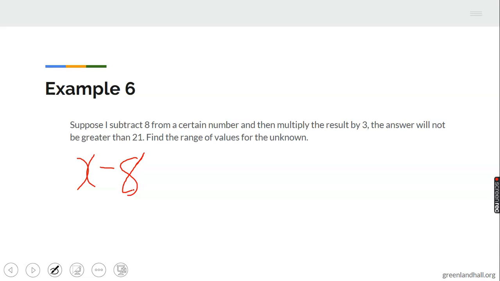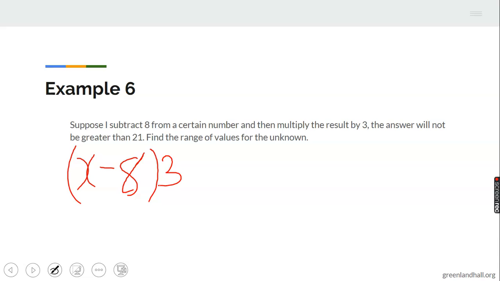And then multiply the result by 3. This is the result that you have. You now multiply it by 3. The answer will not be greater than 21. What does that mean?